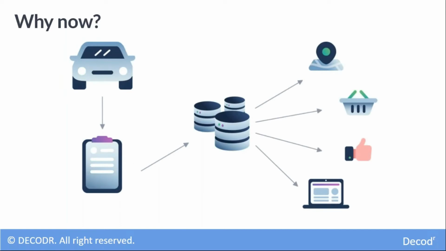Once we have that data, it's easy to use the email address that you provided when you bought that car to tie your car purchase data with your data from social media or web browsing. Suddenly, we have a very complete picture about everyone who purchased the car in the last year.